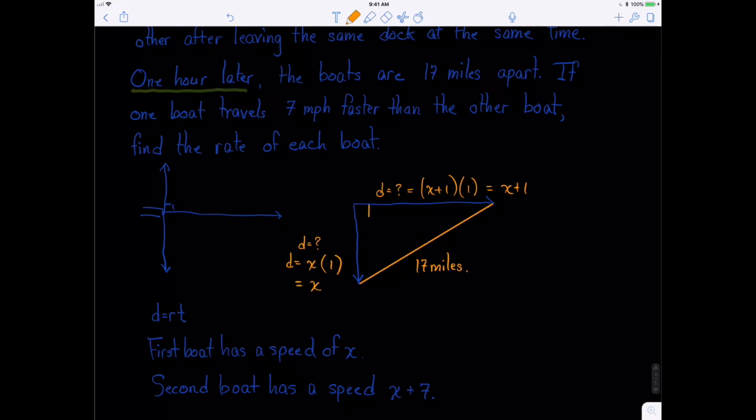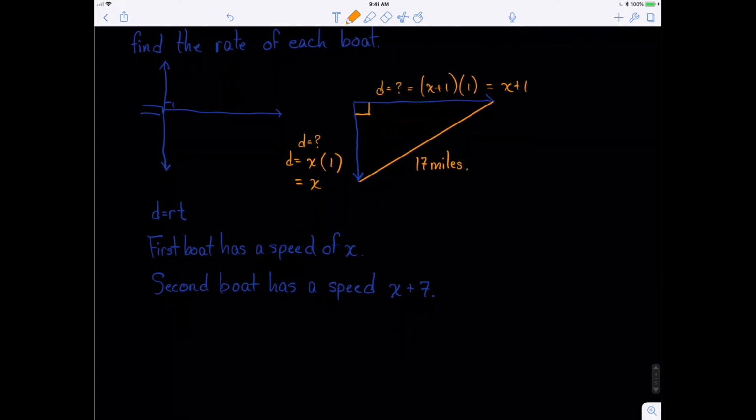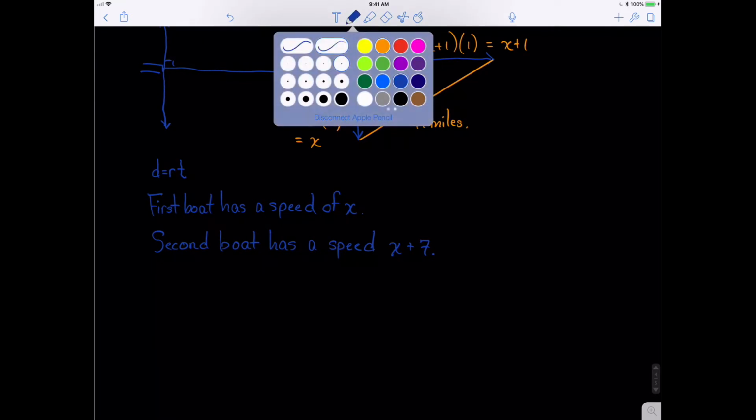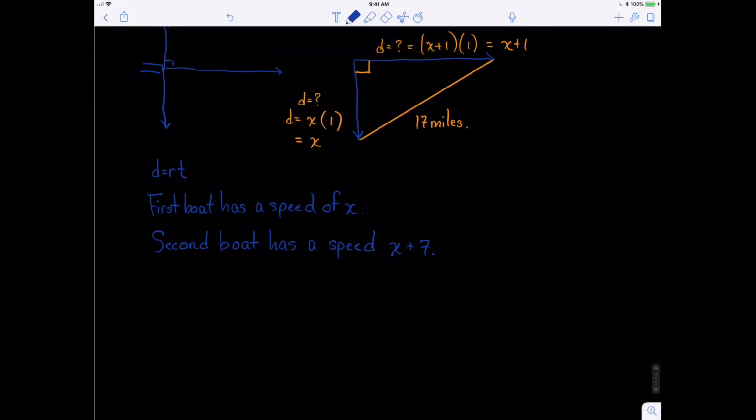When we drew our picture, notice that we drew it on purpose at a right angle. So this is just a right triangle, and we can solve this by utilizing the Pythagorean theorem. I'm going to scroll down a little bit, and if we write our relationship, remember the Pythagorean theorem says that the sum of the squares of the sides is equal to the square of the hypotenuse.